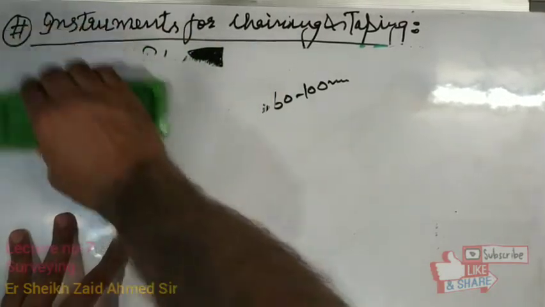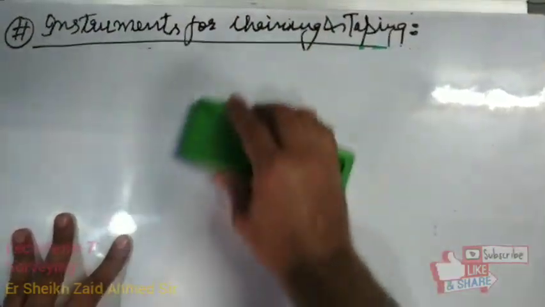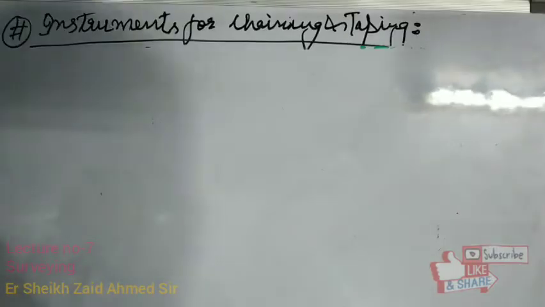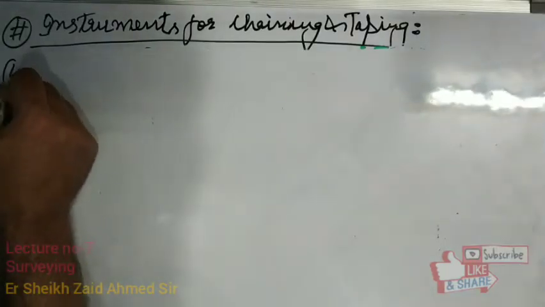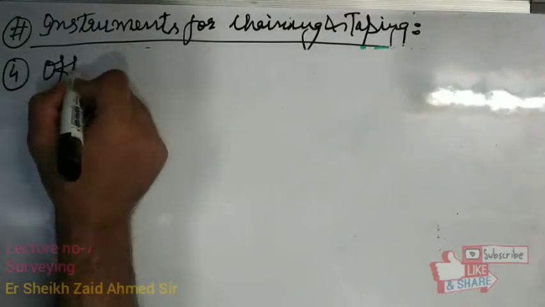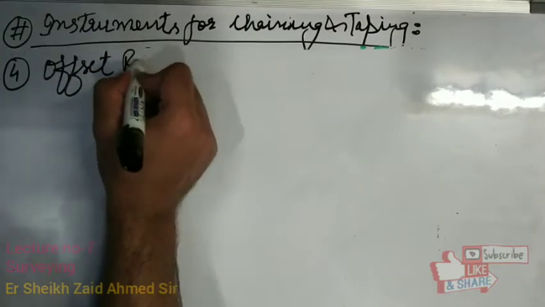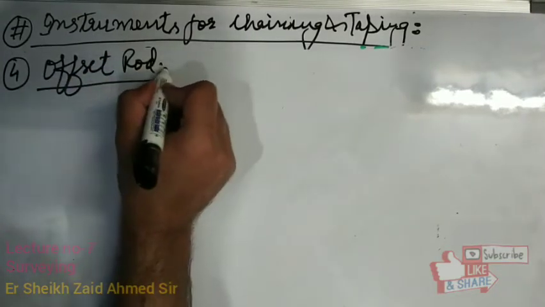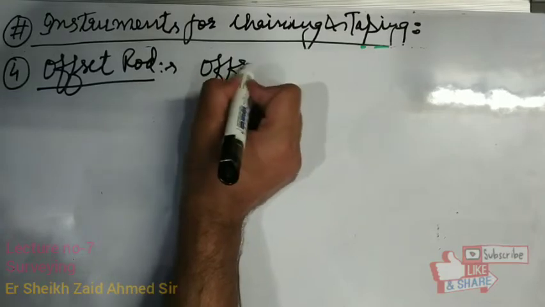So the next instrument is the offset rod. Before starting with the offset rod, we must know what offsets are. What are offsets?